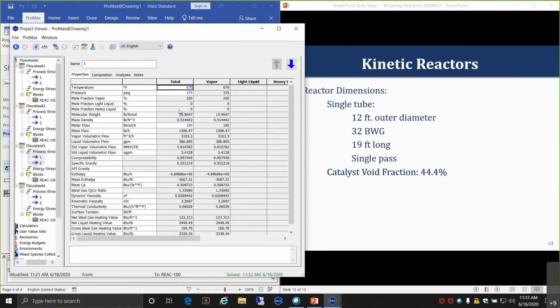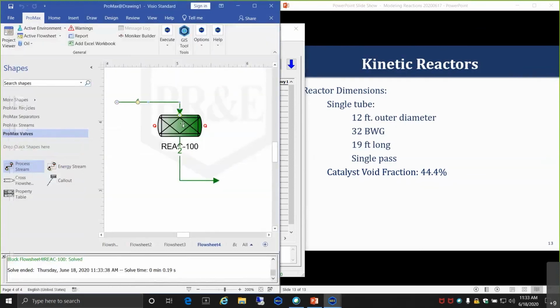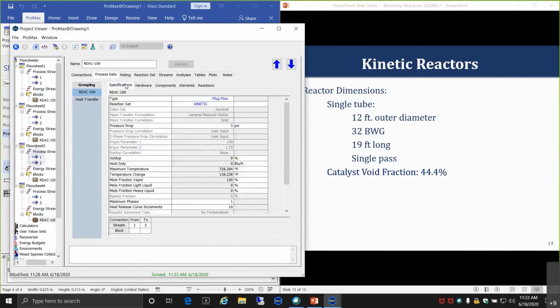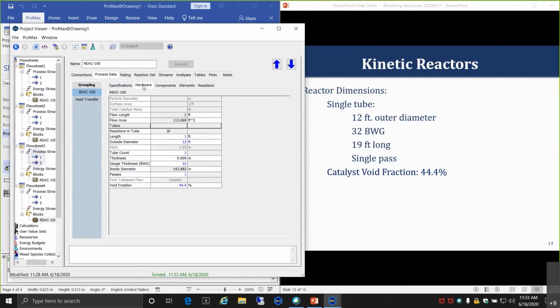What happens if we drop our temperature? And now we get even more conversion. Part of that is because it's an exothermic reaction. The cooler system allows it to reach a higher conversion.